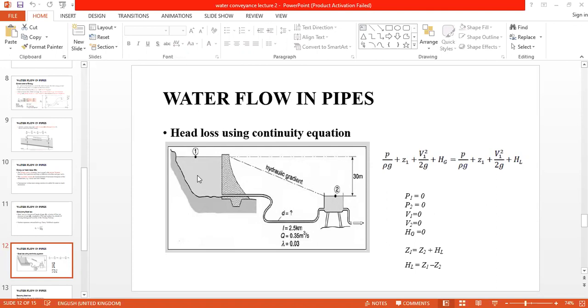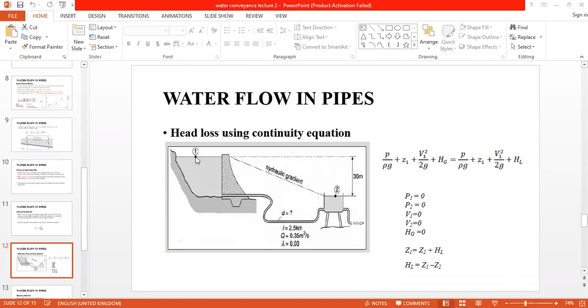Yes, 0. Because here there's nothing pressing against the water on top, so my pressure here will be 0. Okay. Then at this same point, because this is the reservoir.